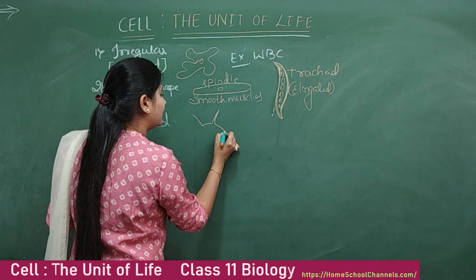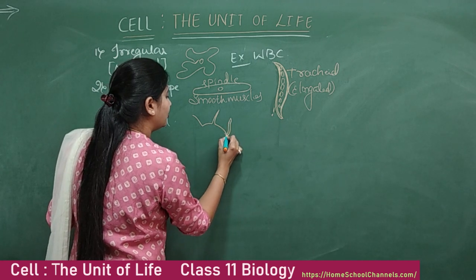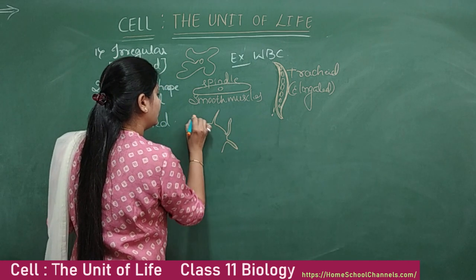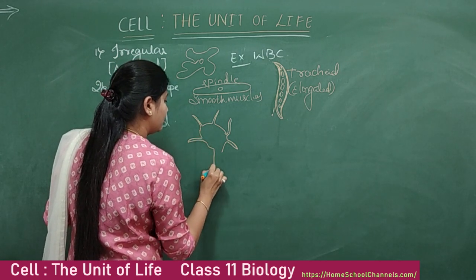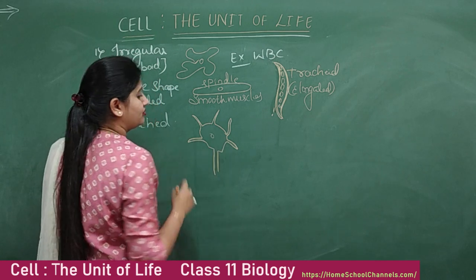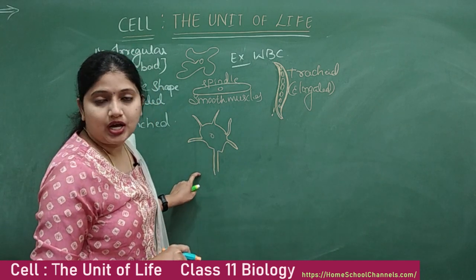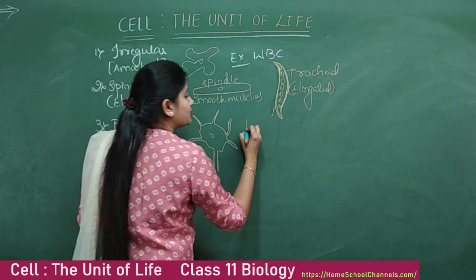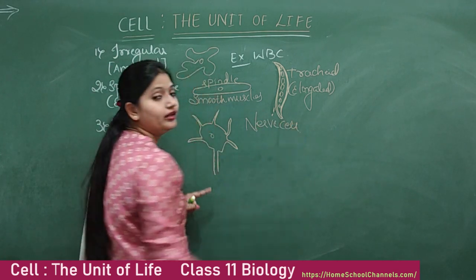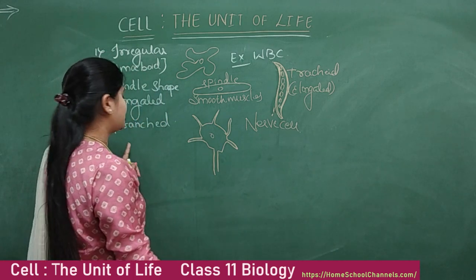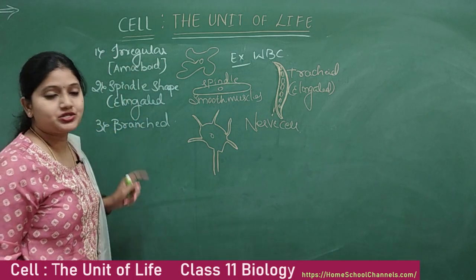This is something like this. Okay, this is the structure of a neuron or a star-shaped cell. So it is a nerve cell. It's a nerve cell. And what is the shape? The shape is a branched shape.